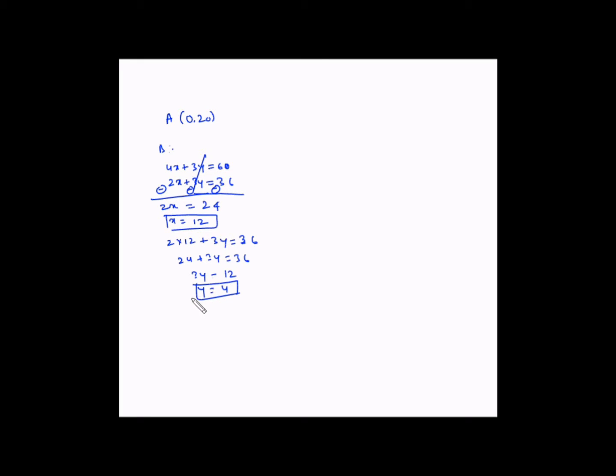So the coordinates of point B are 12 and 4, and the coordinates of point C are 18 and 0. Now we know that one of these three points will provide us the optimal solution. So let us solve the objective function for the value of C by substituting the x and y values for each of these 3 points.